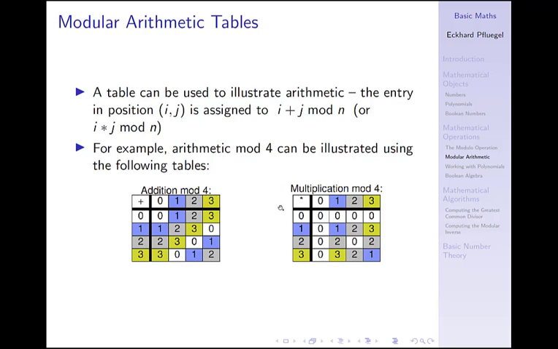And then there are other interesting things for the multiplication. So for example, look here. Apparently, if you take 3 times 3 mod 4, the output is 1. That is fairly unusual because for the multiplication, normally we would not expect 2 integers to be multiplied to turn into 1. Normally, you need fractions for that.